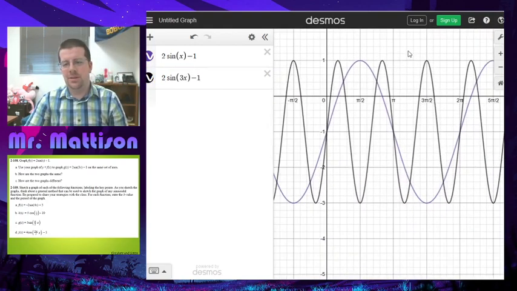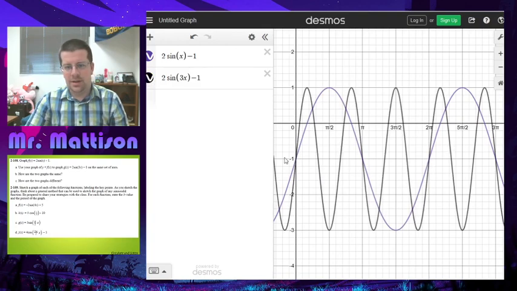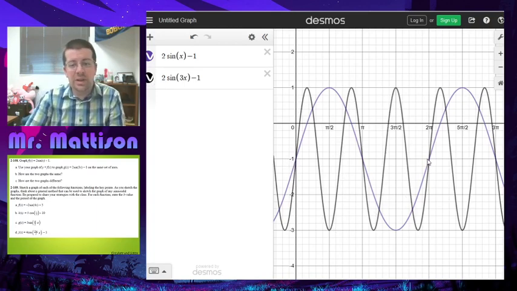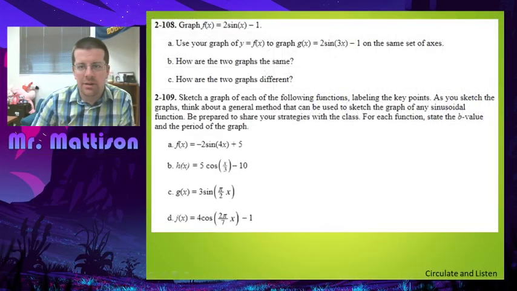So if I zoom out a little bit, that's what I'm seeing, right? Here was my base period, right? But now I have 1, 2, 3 of those in that base period. Okay. So it's doing what we predicted. Awesome. It means we're on the right track here.